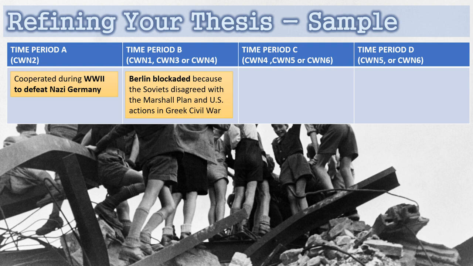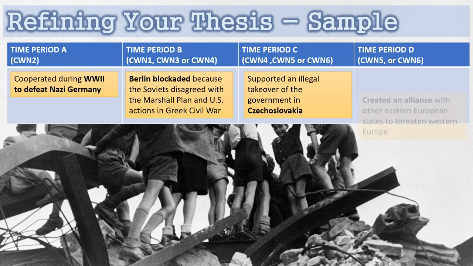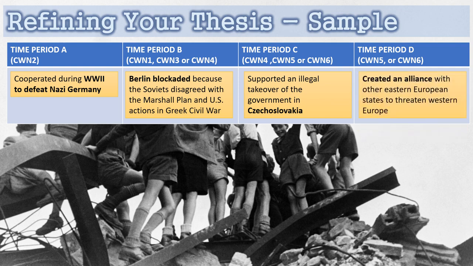So in this case here, Berlin was blockaded because of the Soviet Union. There was an illegal takeover supported by the Soviet Union in Czechoslovakia, and the creation of this alliance means that they're opposing what the United States is doing on purpose. Okay? So you have four different time periods, and it demonstrates change over time such that you can point the finger at the Soviet Union and say, you guys are to blame here.